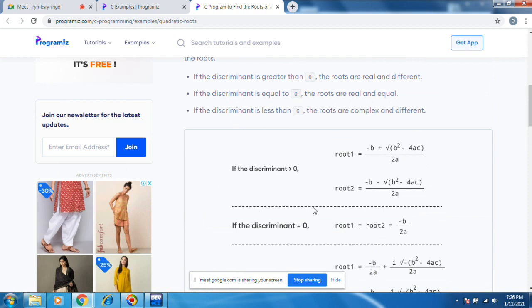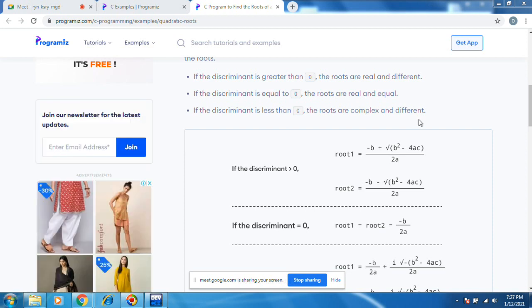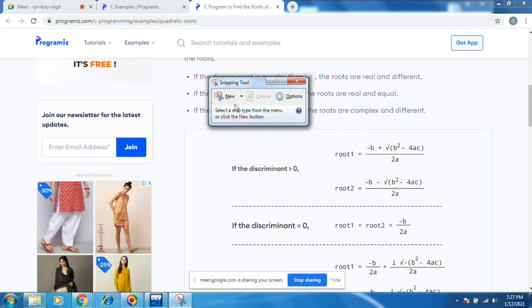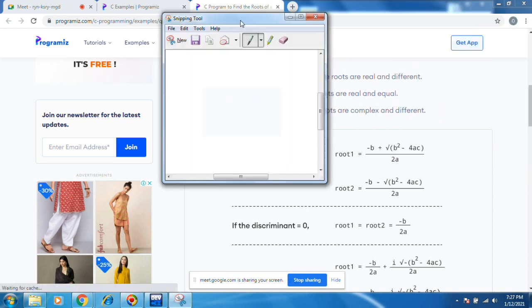Now, in our program, we need to calculate this b square minus 4ac. This is the square root one. Ideally, how can we calculate square root? Let's go to a small example of how to calculate square root. Suppose square root 4.